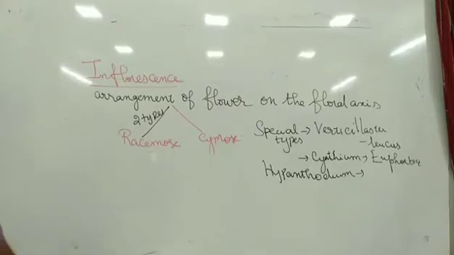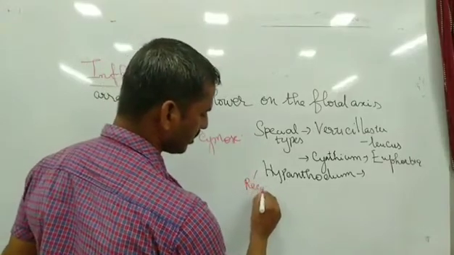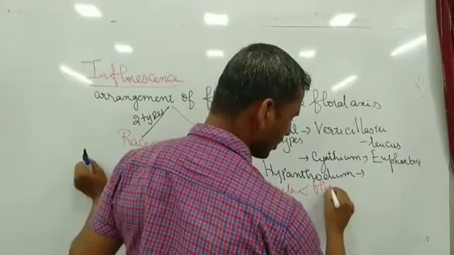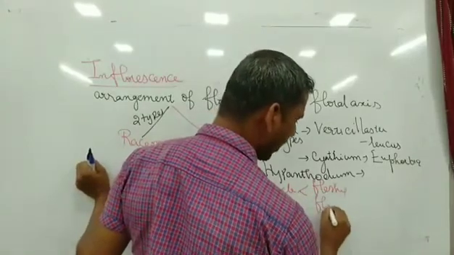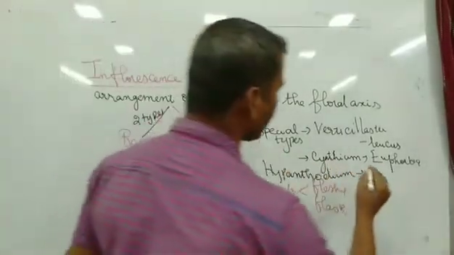What is Hypanthodium? It's a special kind of inflorescence. Here the receptacle is fleshy and flask shaped in structure. Hypanthodium is very common in Ficus plants.